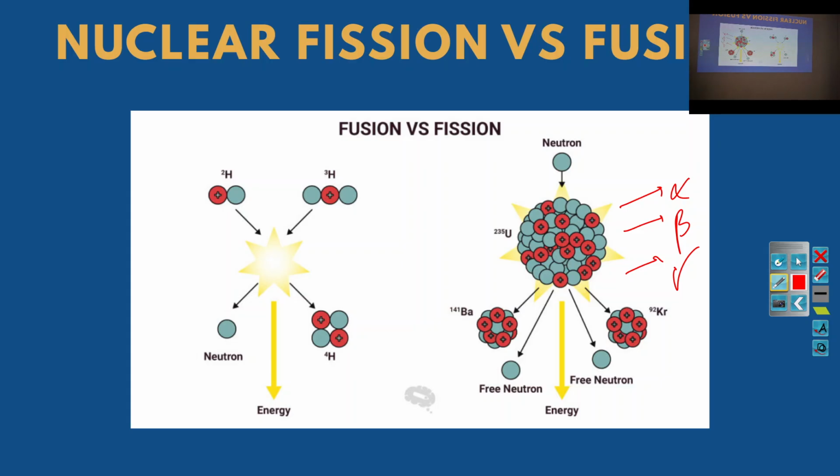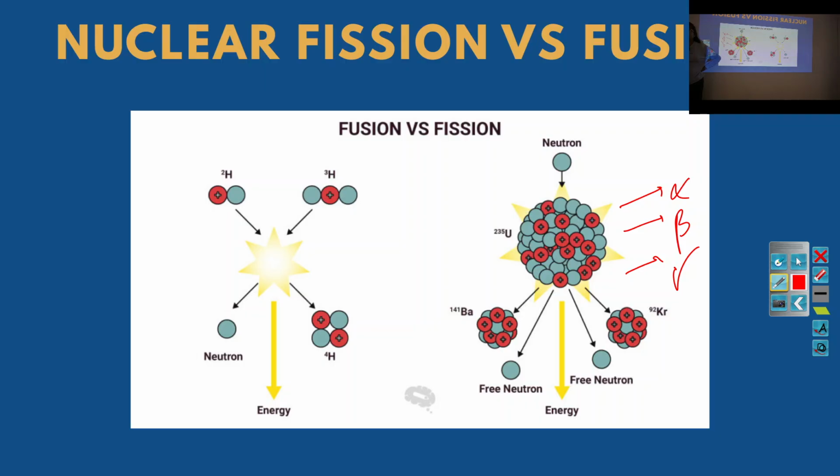Nuclear fission is also used in the atomic bomb, the nuclear bombs we talk about. The fission reaction is used there. The atomic bombs dropped on Hiroshima and Nagasaki in Japan were developed by the USA.